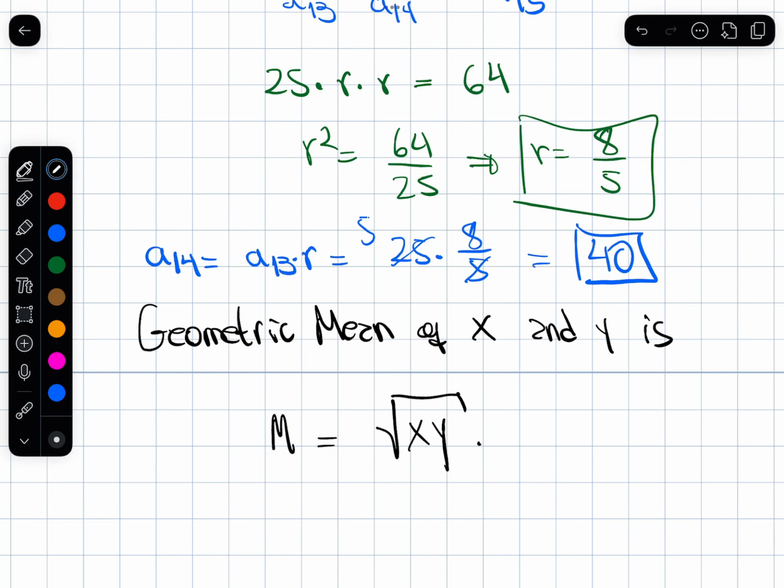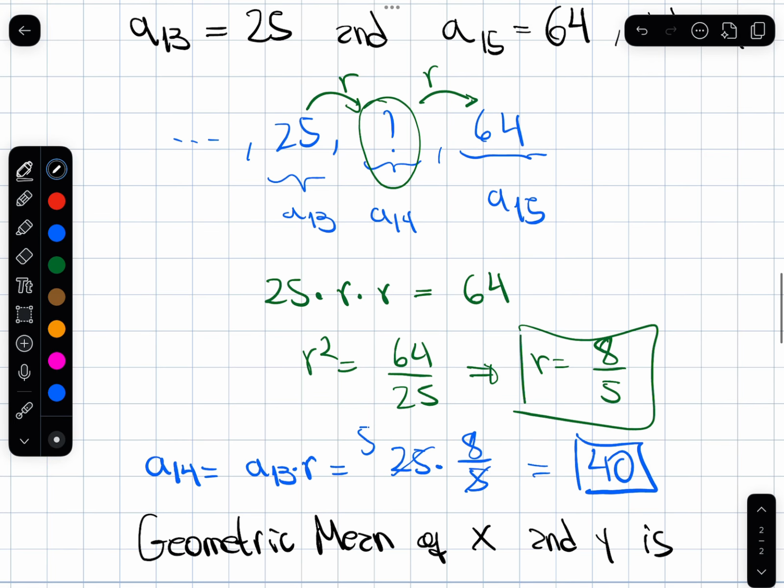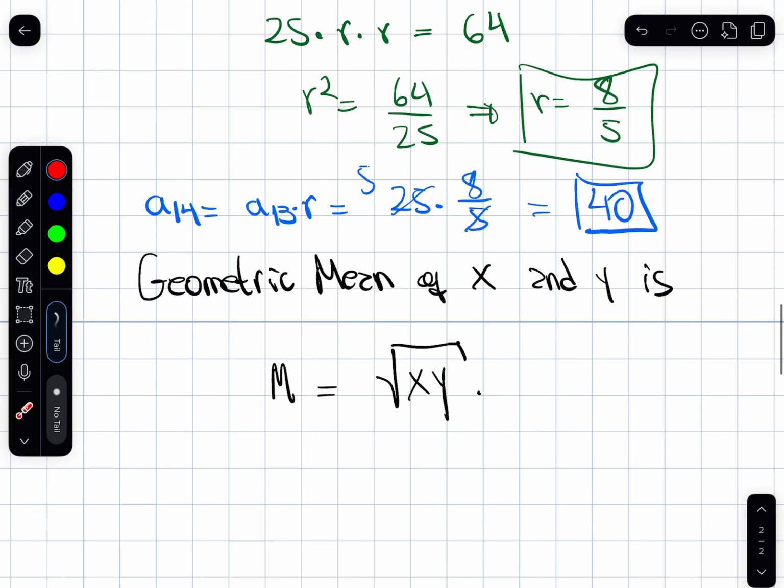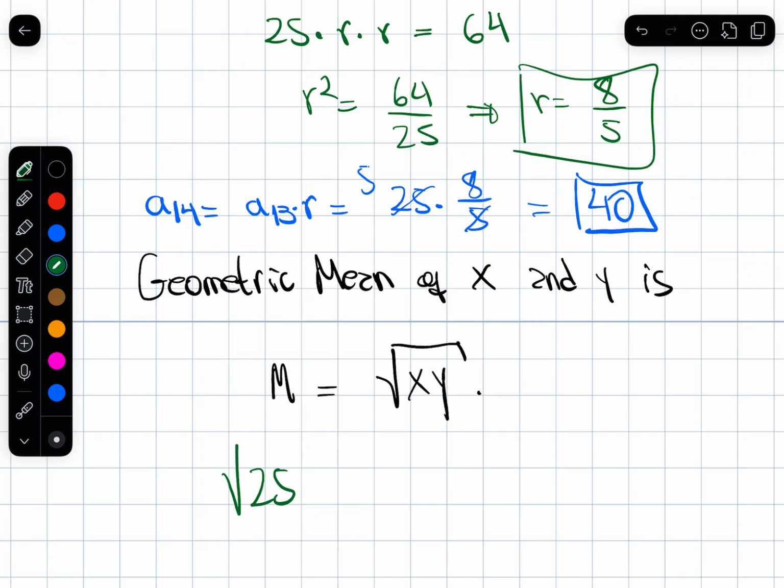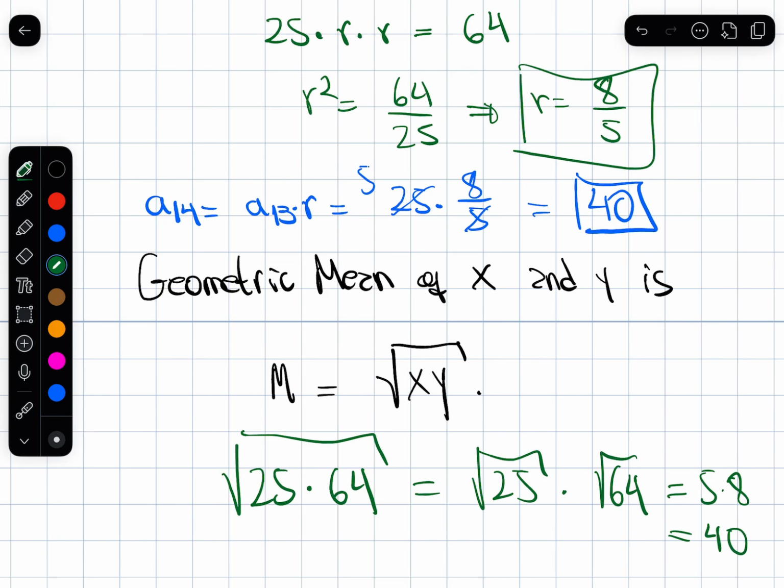And you can see that if you take the geometric mean of 25 and 64, it will be this number here in the middle. So if you plug it in, you will get that the square root of 25 times 64 is root 25 times root 64, which is 5 times 8, which is 40.